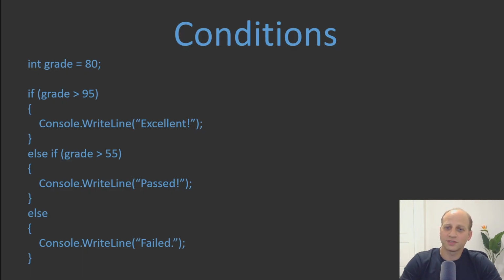So the first if statement is running, and if the condition is evaluated to false, the program continues to the else. But then we immediately get into another if statement that checks the second condition. In this example, we first check if the grade is higher than 95, and if it's not, we check if it's higher than 55. And again, if it's not higher than 55, then we get into the last else statement.